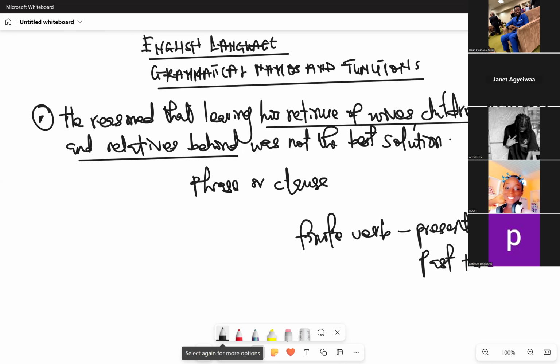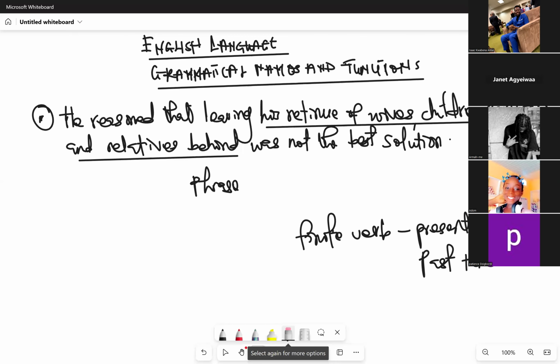So there is no verb in the underlying words. You get what I mean? There's no verb to think of being a finite verb or not. So I can't even talk about a clause. So it's a phrase, right? Because I said if there is a finite verb, it's a clause. What if there's not? There is no verb to think of as a finite verb, so it's a phrase.